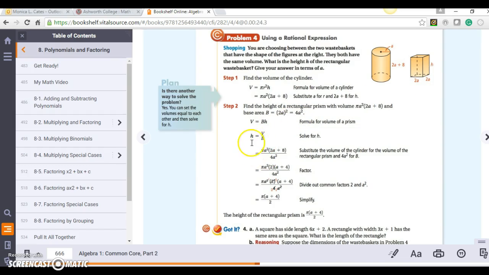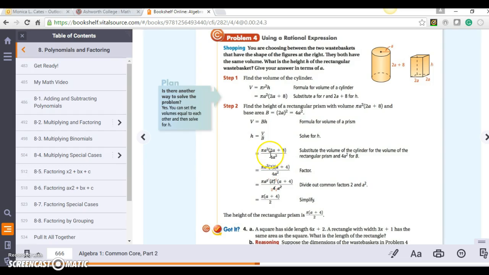Okay, so if I plug in the volume here, that they're equal to each other, we can plug in pi a squared times 2a plus 8, all divided by our base area, which is 4a squared.